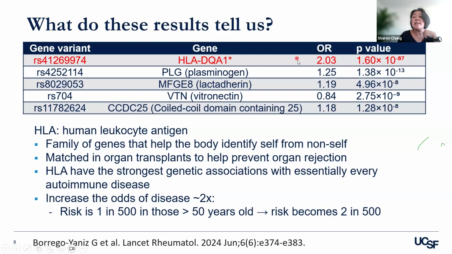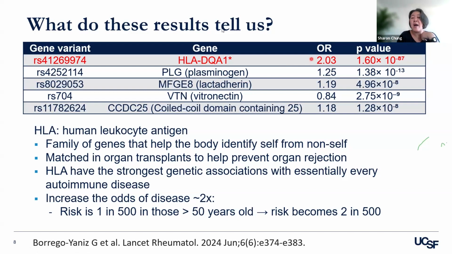But what we can see is that the odds ratio here is 2, which means that if you have this mutation, it increases your odds of developing giant cell arteritis about 2-fold, which seems like it's a lot. But I think you have to take this in context that the risk of giant cell arteritis in somebody who's over 50 years old is 1 in 500.